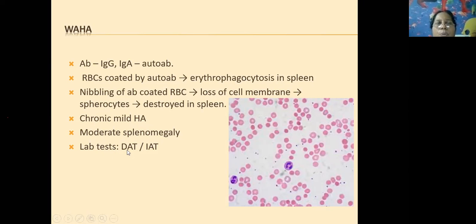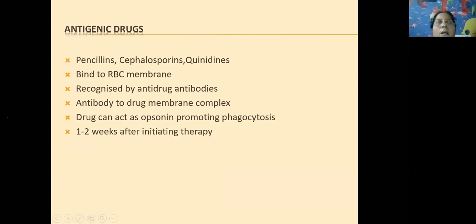So you do the Coombs test. And what are the drugs? Antigenic drugs are penicillin, cephalosporin, quinidine. They bind to the RBC membrane and are recognized by anti-drug antibodies. This antibody to drug membrane complex then promotes phagocytosis.